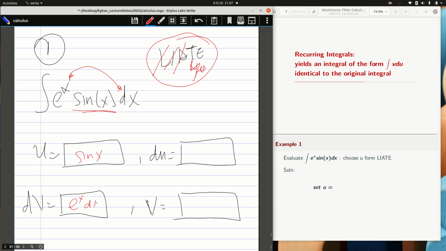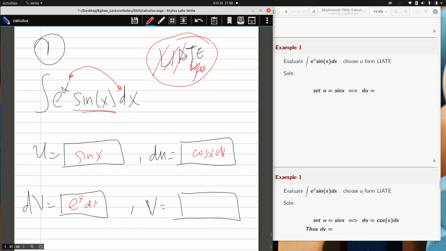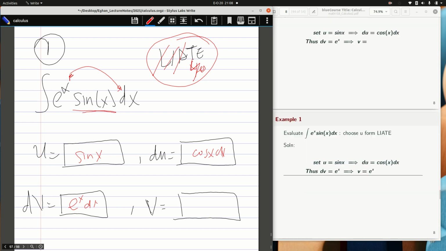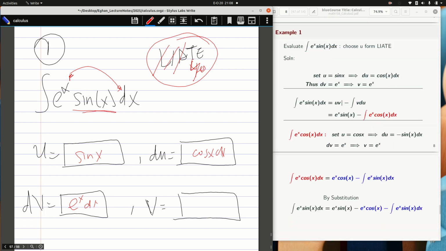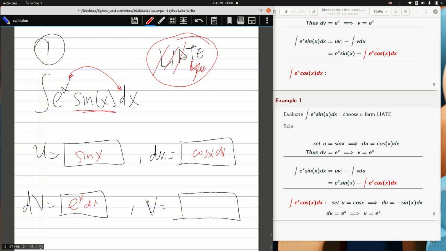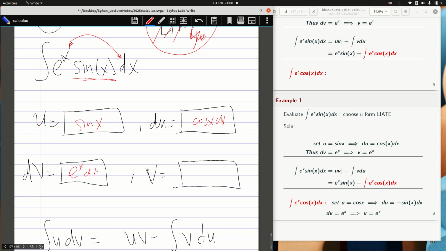So what do we get for du? If I differentiate sine, I have cos x dx. I always get confused with sine and cos. Let me check my answer here. Is it negative or positive? It's positive. And then if I integrate this, I know I'm going to get e^x. Okay, so that's your substitution.